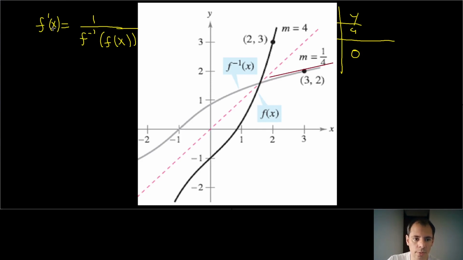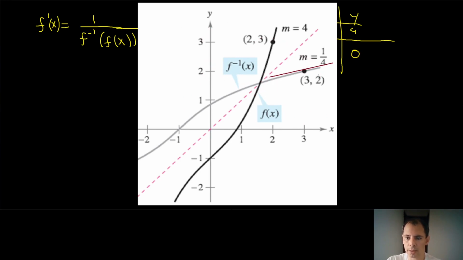So f of x transformed some x into a value y. Now you get this value y, you plug it into the inverse, and you're going to get the previous x of the previous function. It's really complicated, but that's why this image right here makes it so much simpler.